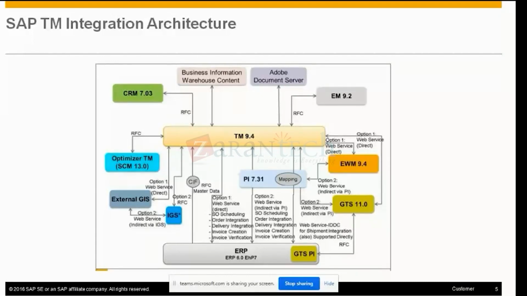So this optimizer is not inbuilt within the TM box? No. And it is only available in the advanced license, not with the basic license. And the regular TM, which means non-S4 TM, does it also need to connect separately with the optimizer, or is it inbuilt?